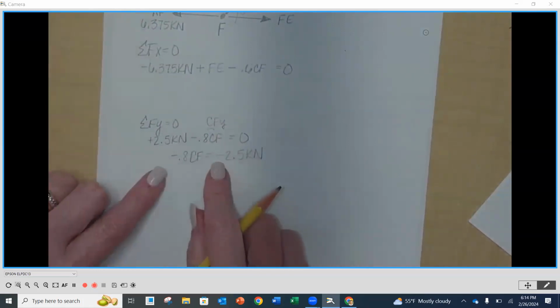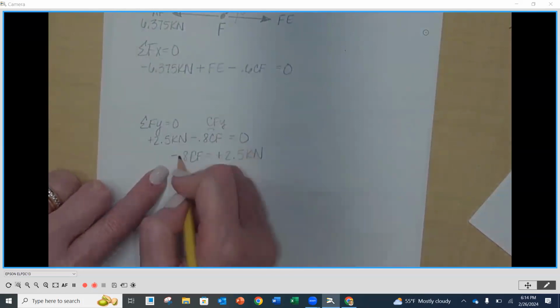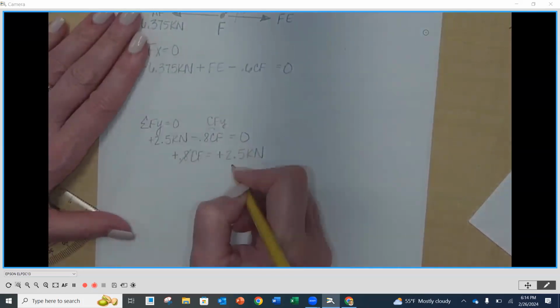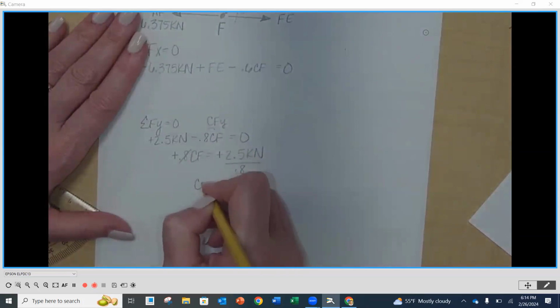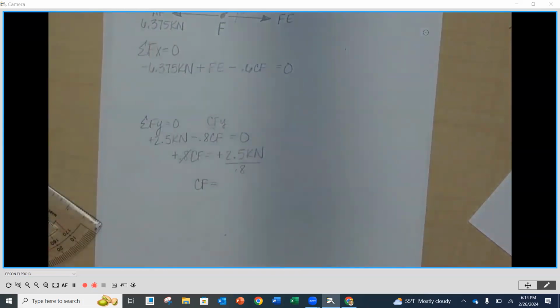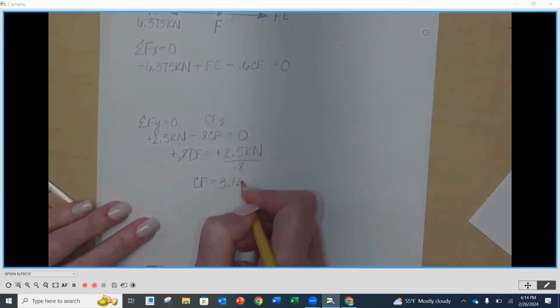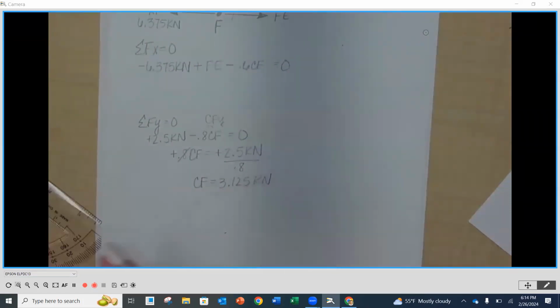It becomes negative. I've got two negatives, both become positive. Divide both sides by 0.8. My CF is 3.125 kilonewtons. Does that sound right?